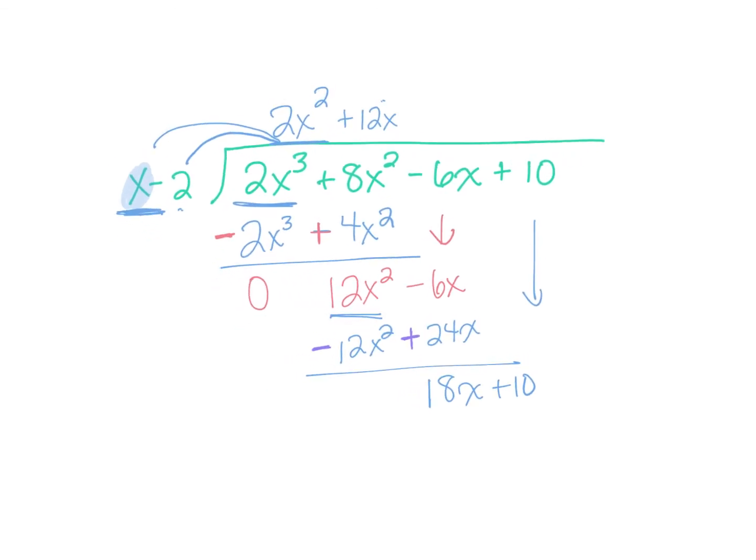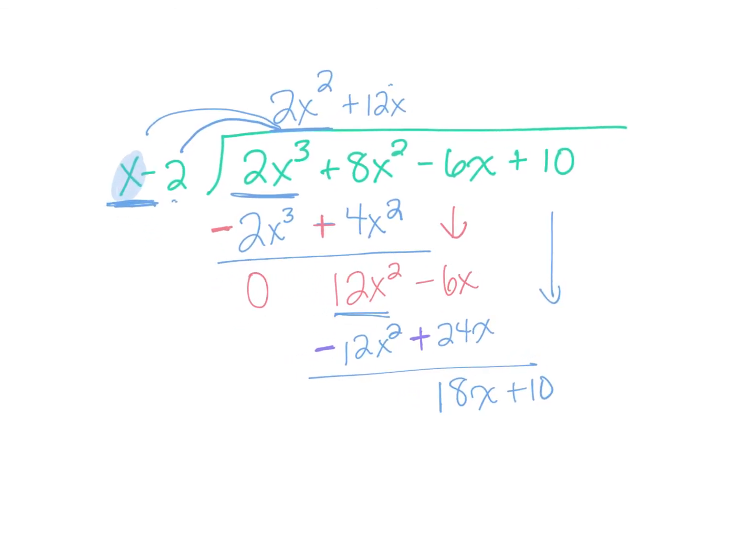And I'm going to continue this division process. So now I'm trying to decide about this x up here. How many times does that go into 18x, or what can I multiply in order to get that 18x? So I'm going to have to multiply by 18. And when I multiply that, I do get 18x.